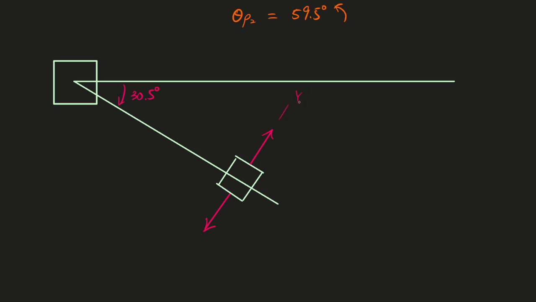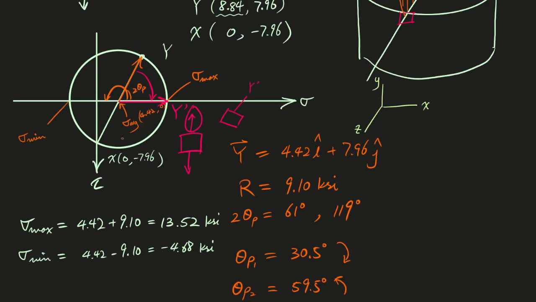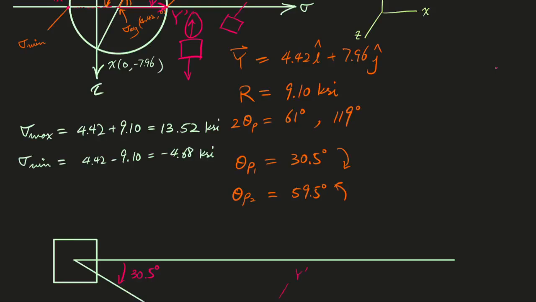And I can just call that y prime direction, x prime direction. And I know my y prime as a sigma is 13.52. Does it have anything on the x? Yes. Along this line, you will move to the other side of the circle, which will be your x prime. X prime has a coordinate of sigma min, x value, and no shear stress.